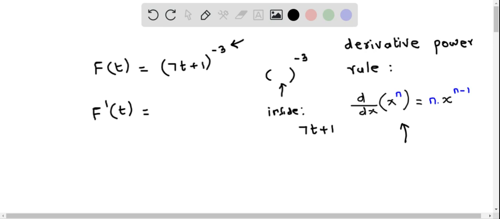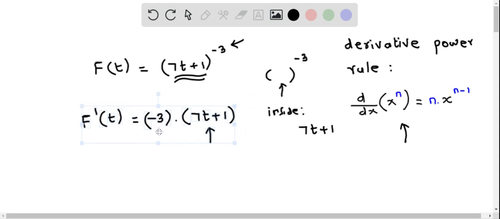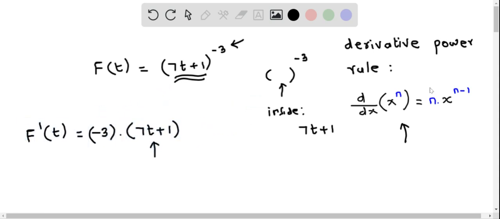Basically we just have to put the power in front, that is, I put the negative 3, and then I evaluate at the inside part, so I put 7t plus 1 as it is, and raise it to the power of n minus 1, that is negative 3 minus 1.